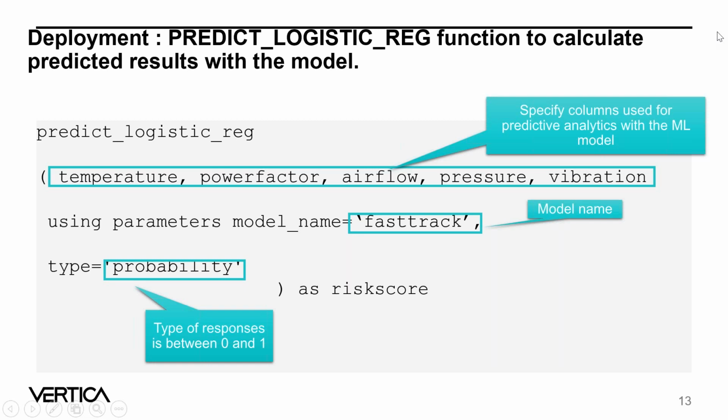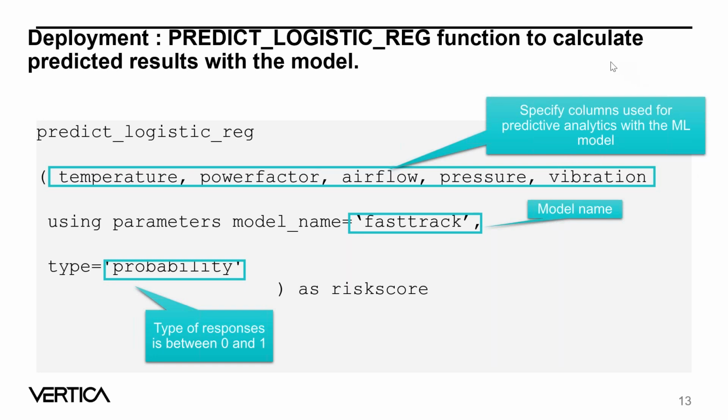Then the second highlighted one sets the model name, which I previously named. Then our last one is the output format.